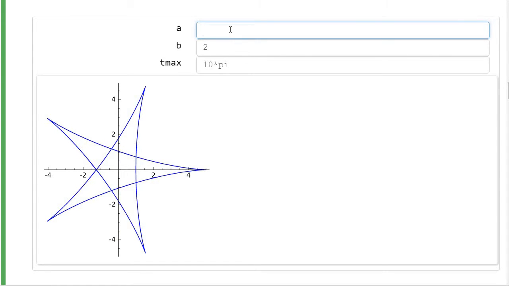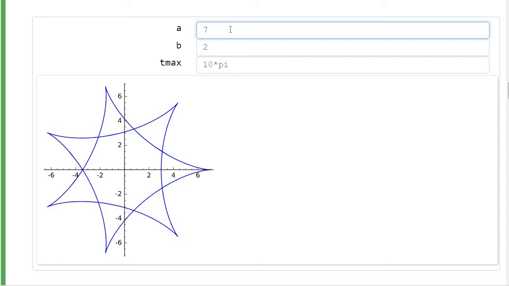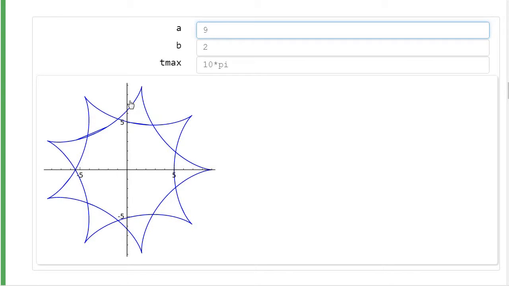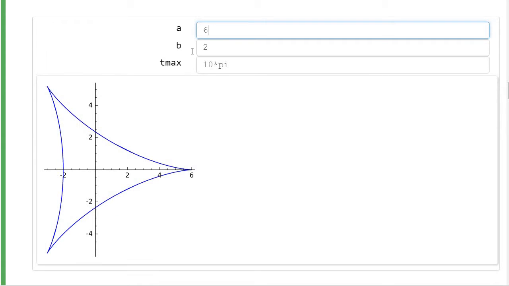If we change a to 7, then this thing has 7 points, and if we do 9, we'll get 9 points, and so on. Now if you choose even numbers, when a is even and b is even, there's some sort of cancellation that goes on in there, and so now here we actually only get 3 points.